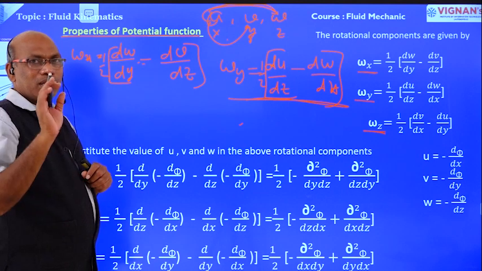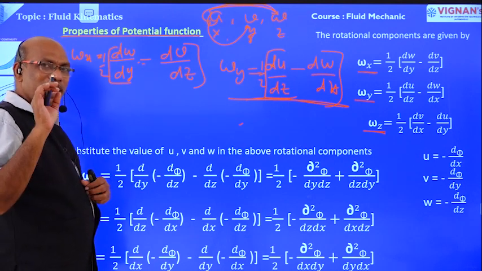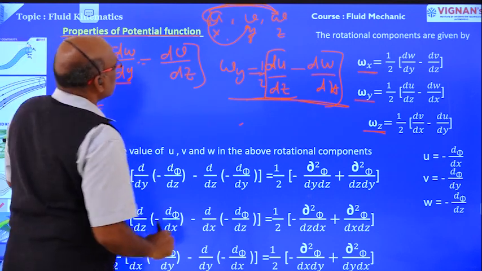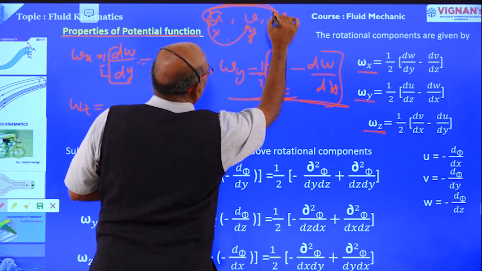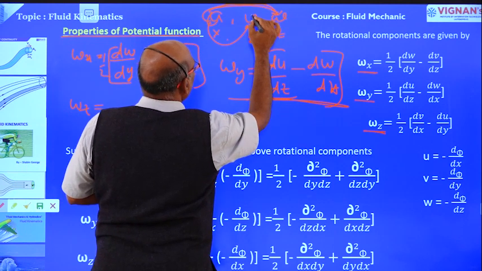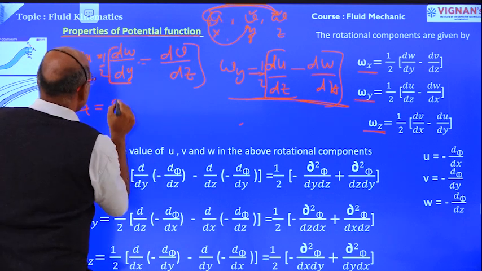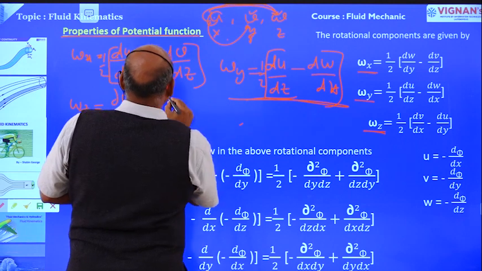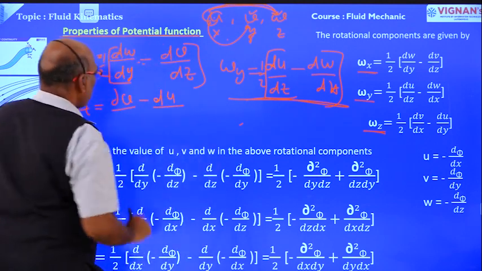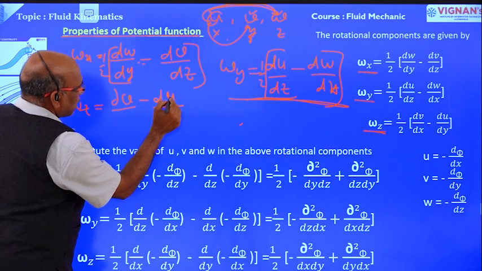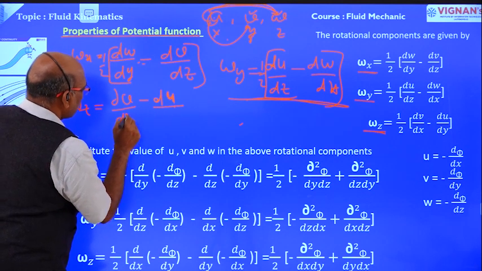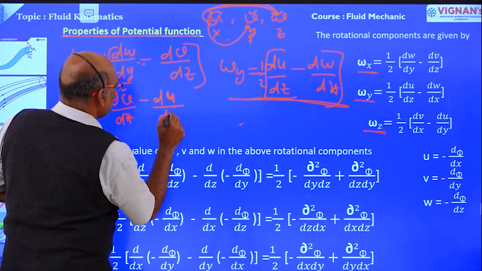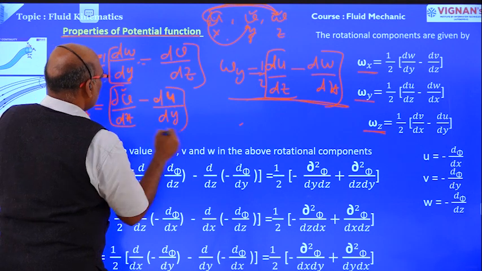Are you clear? Third, the rotational component in z direction, that is ωz. Here also, as I told you, before v is w... after w is v. That means dv minus du, with the corresponding directions dx and dy, into 1 by 2.